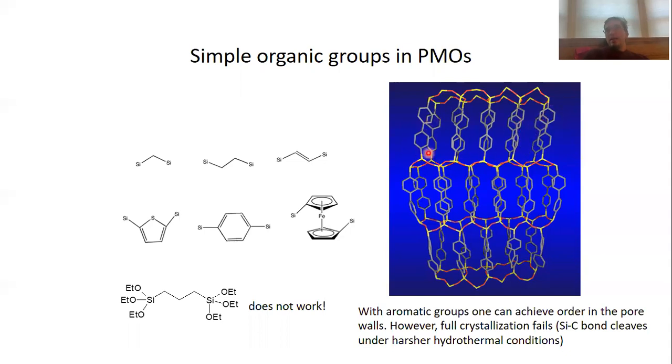So they form layers within the channel walls that are organic, and then these layers are separated by more polar silica layers. So this is a means how you can introduce a certain degree of order into the pore walls. You use aromatic groups that can then align within the channel walls.